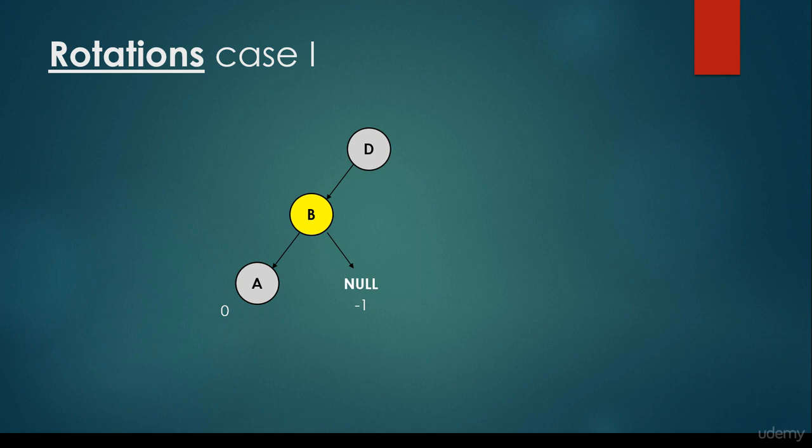What about the node B? The node B doesn't have any right child, so it is a null pointer or null reference, and it has the height parameter -1. The left child of node B is the node A. It is a leaf node, and we assign the height parameter 0 to all the leaf nodes. The difference between the two of them is equal to 1, so we don't have to make any rotations.